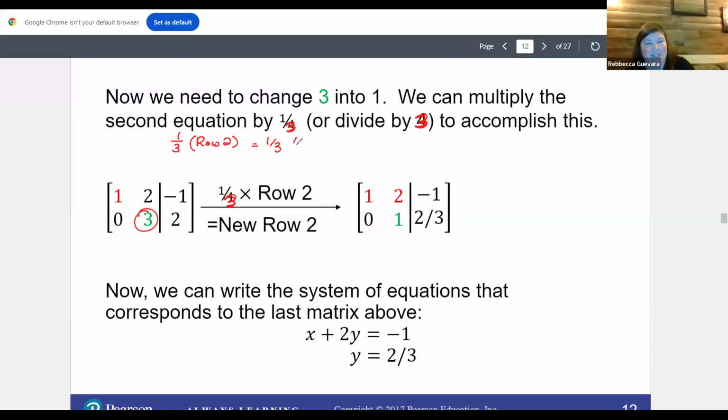I think I was looking ahead at something. Multiply by that third. So 1/3 times 0, 0. 1/3 times 3, 1. 1/3 times 2, well, that just leaves me with 2/3. And what I'm doing is I'm just replacing row 2 with that.